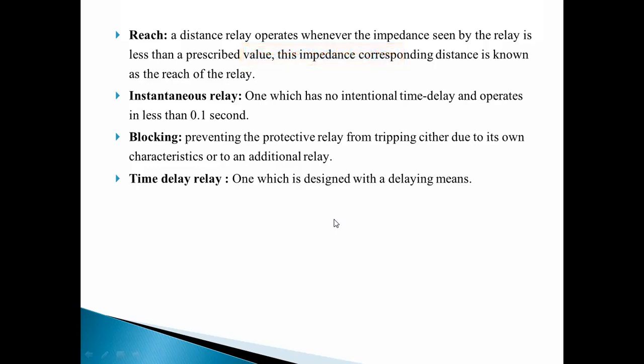Actually, this distance type of relay has different types, and the impedance type relay is one of them. So whenever that impedance value is less than the prescribed value, the corresponding distance is known as the reach of the relay.